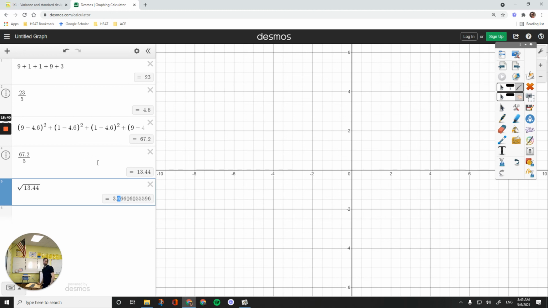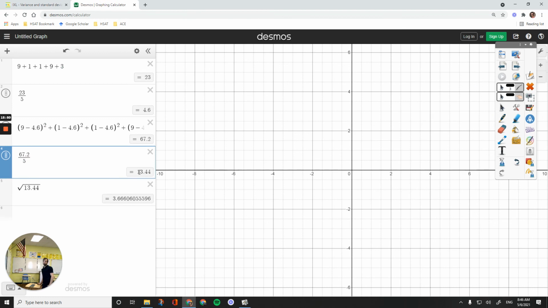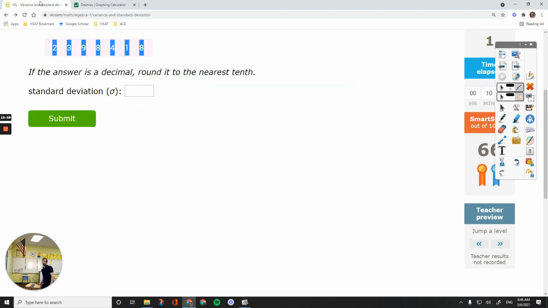Next step is going to be divided by the number of numbers you have. In this case, we have 7 numbers. We are going to divide it by 7. And then that's going to give us the variance. If your question is about standard deviation, you can just square root that number and then end up with your answer. Pay attention to how you will round your answer, because that's going to make a difference on this assignment.